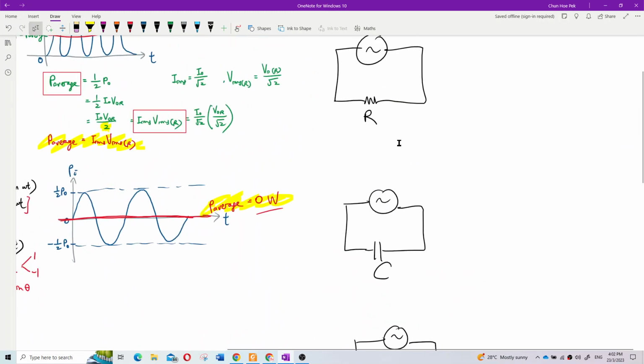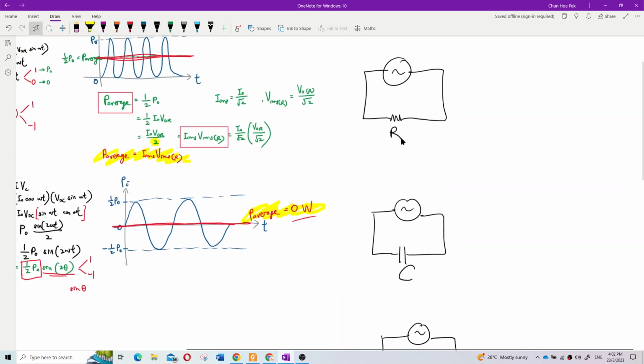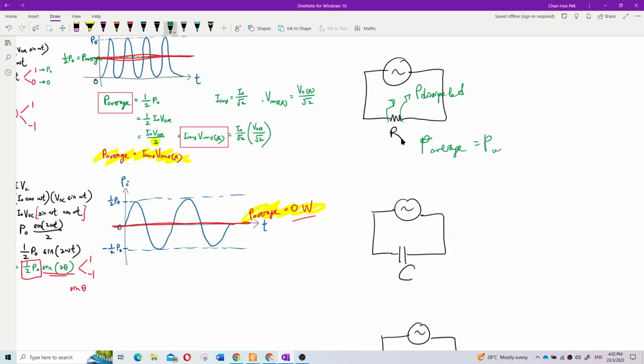Now, a resistor uses up power. My kettle, my iron generate heat, isn't it? Power is dissipated. So the average power is power used or dissipated.